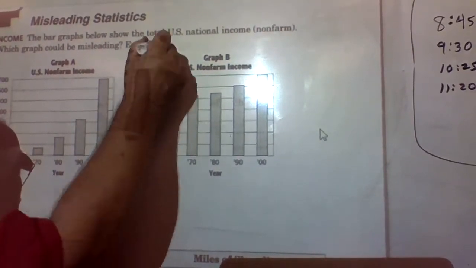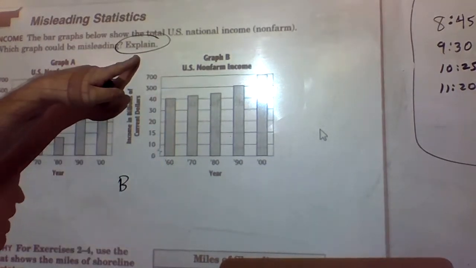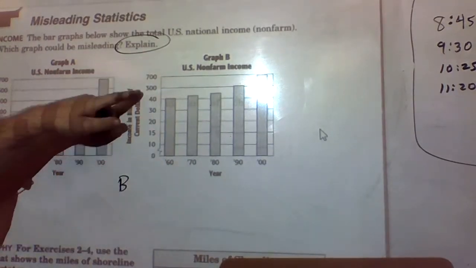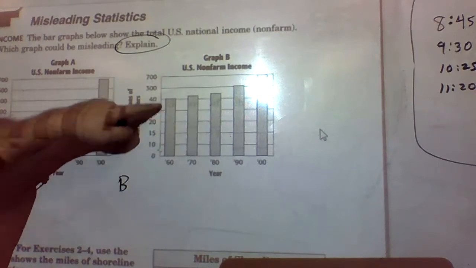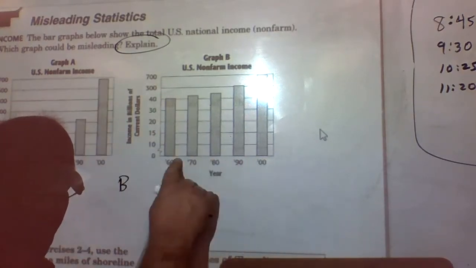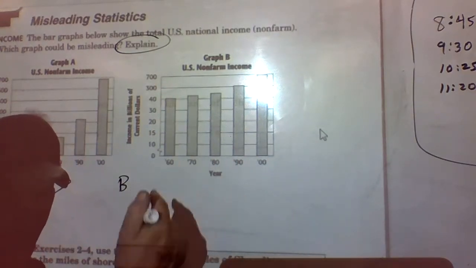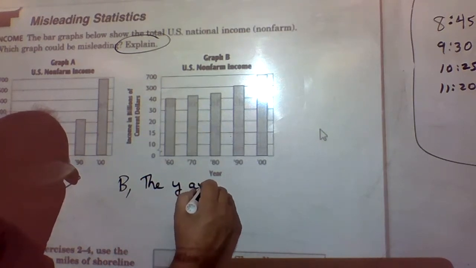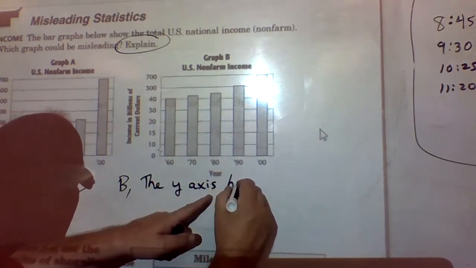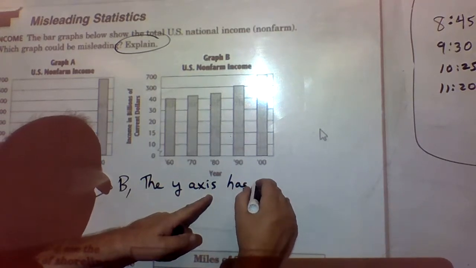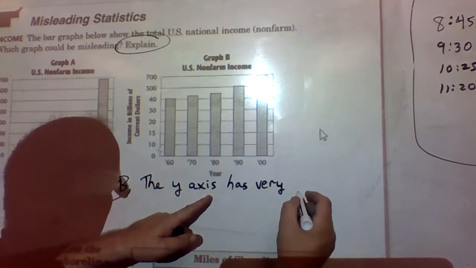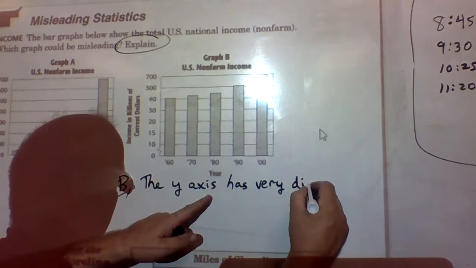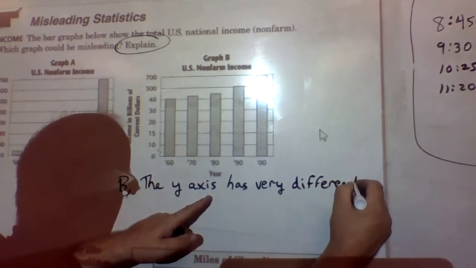Now the question is, how do we explain the fact that it's misleading? Well, this over here is called the y-axis, and down here, this is the x-axis. So I'm going to write something like this. The y-axis has very different intervals.